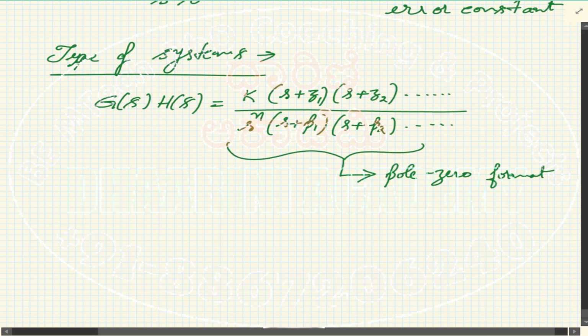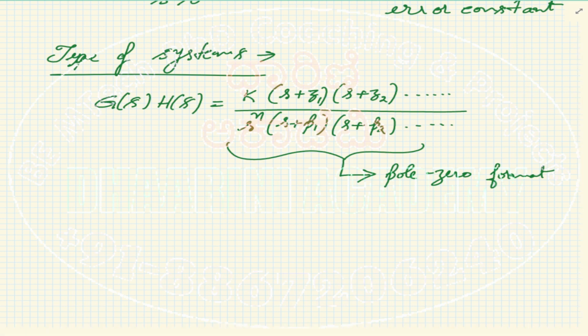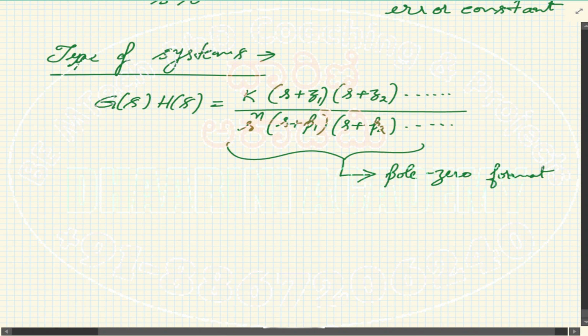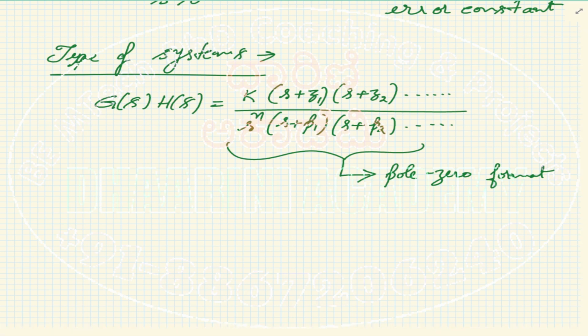What is the other format? Are you able to recall any other format in which we write the transfer function? True, true. So the most familiar format is this one. For a plotting purpose we use this.